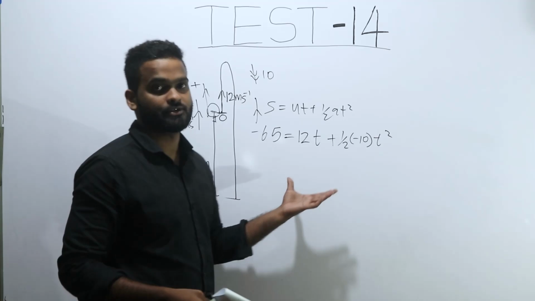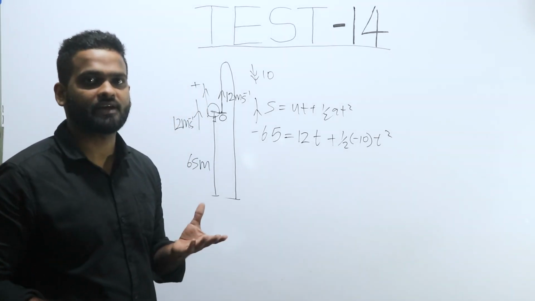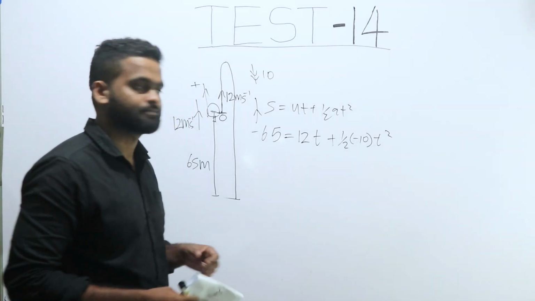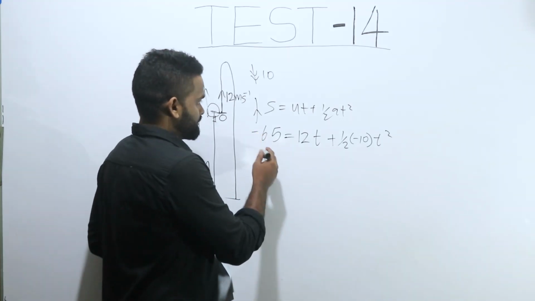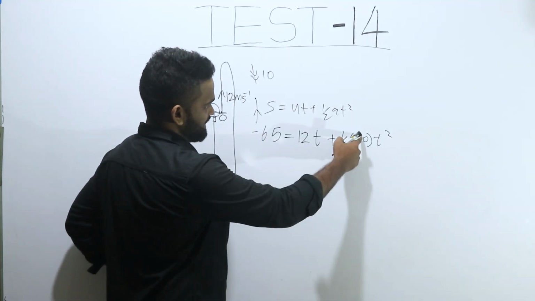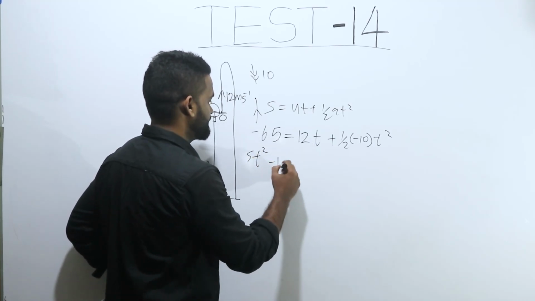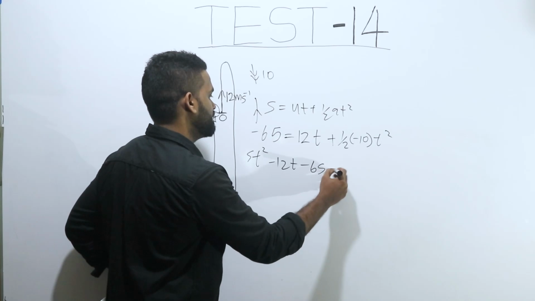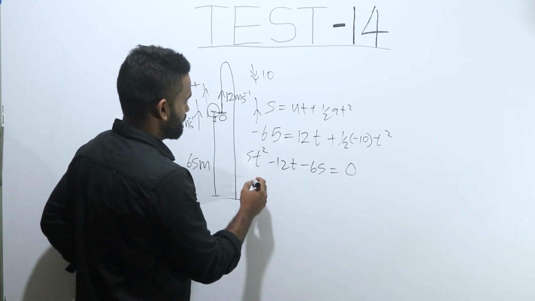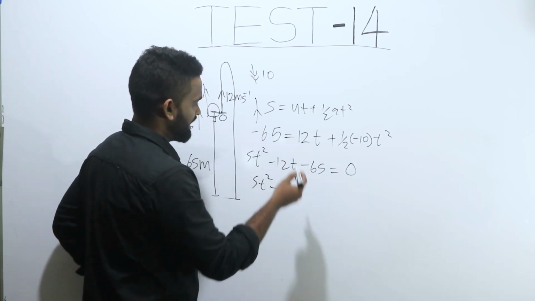So from this equation, you get a quadratic equation. Just simplify the equation and get the answer. So this is minus 5t squared. Take it to the other side, 5t squared minus 12t minus 65 equals 0. So I have to factor this one.